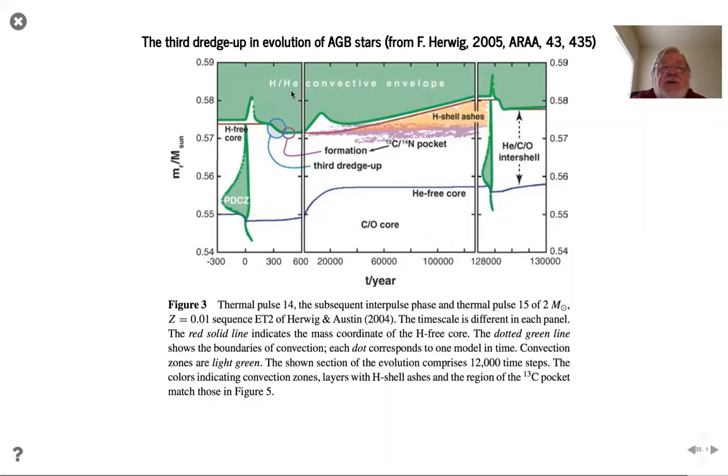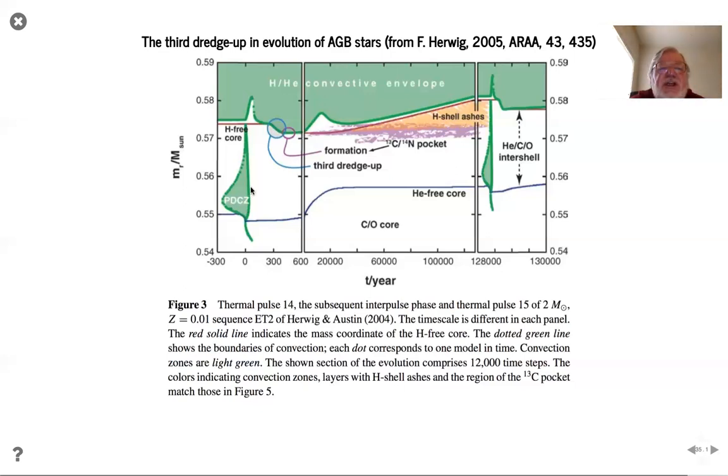These stars have a convective envelope, which is shown here with this green region. They also have a helium shell, which experiences recurrent flashes.